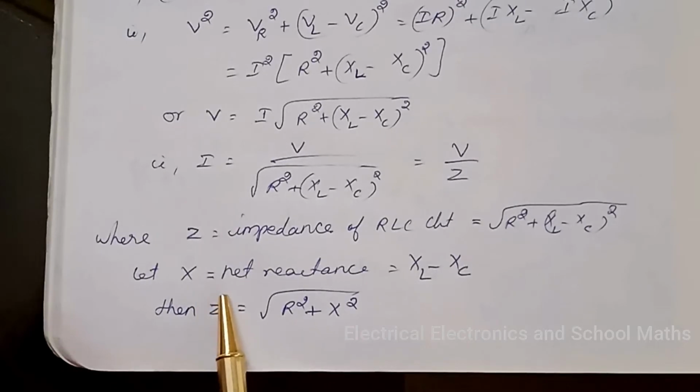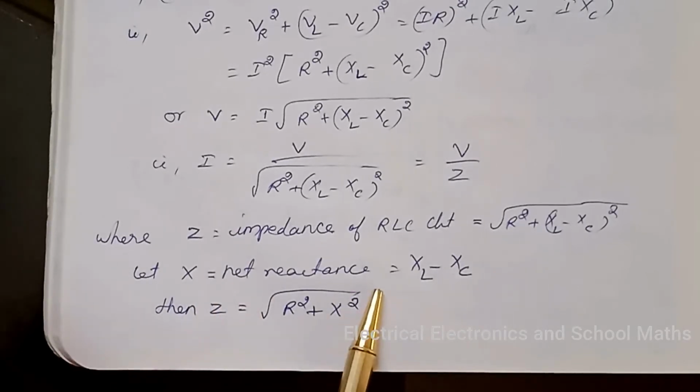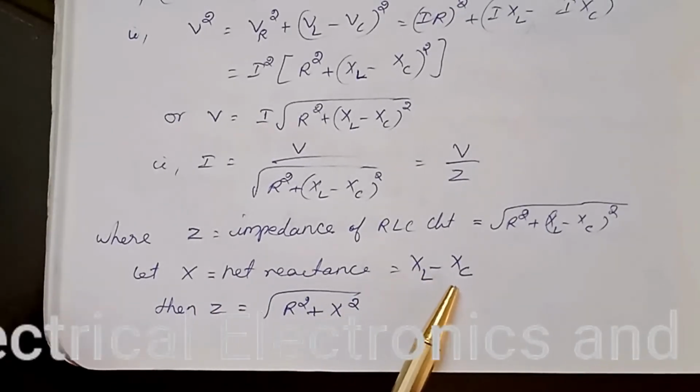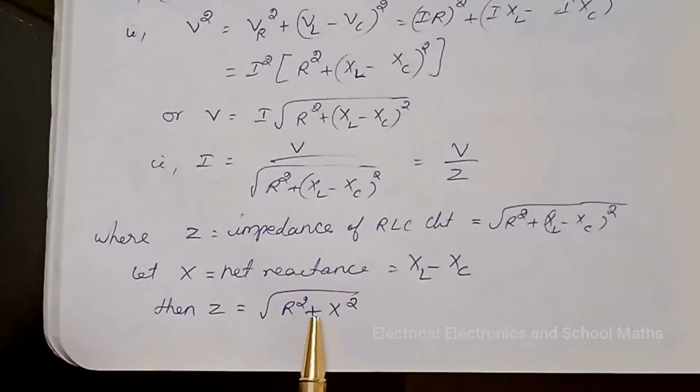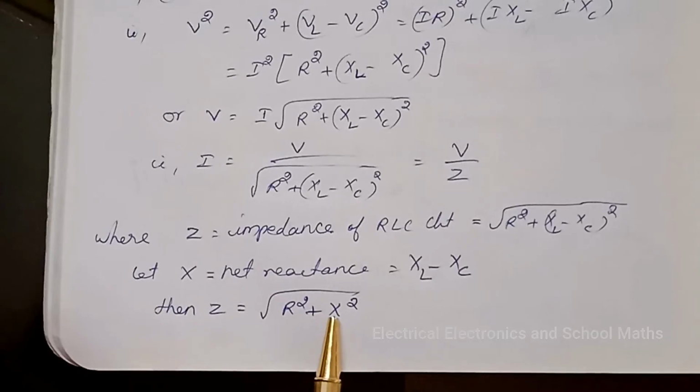Let X equal to the net reactance, that is XL minus XC, then we can write the impedance Z equal to square root of R square plus X square.